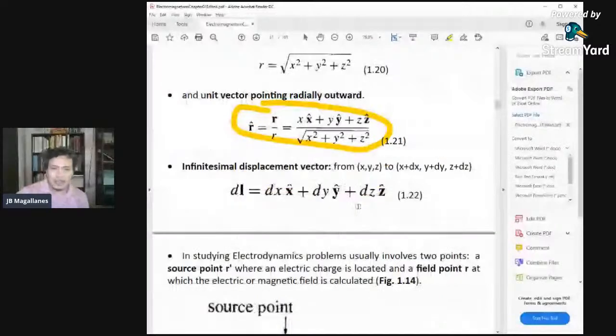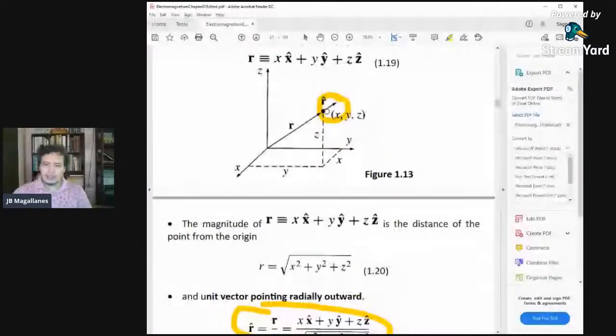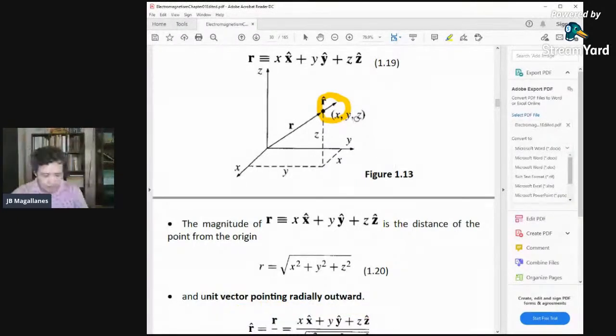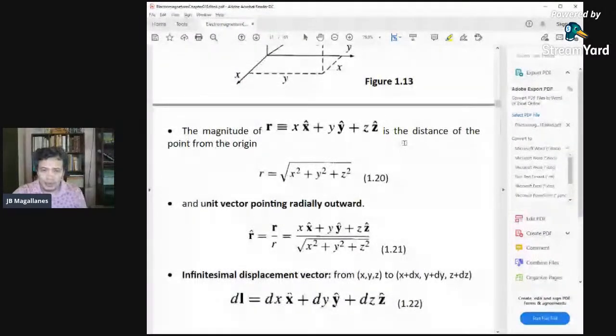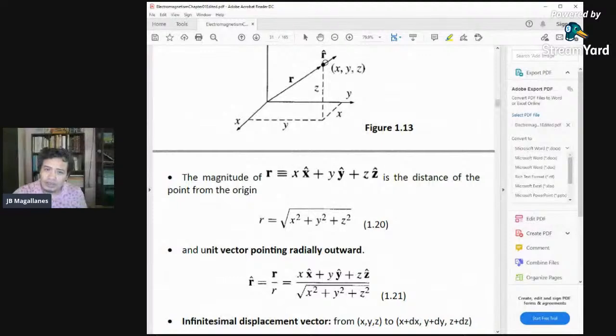Now, if from this point you want to move a little bit, one very small step called dr or dl, for example, from this point to some other point, but very small, infinitesimal.